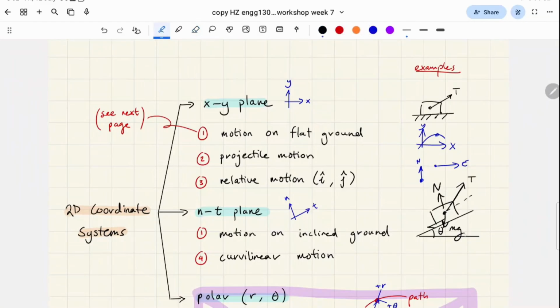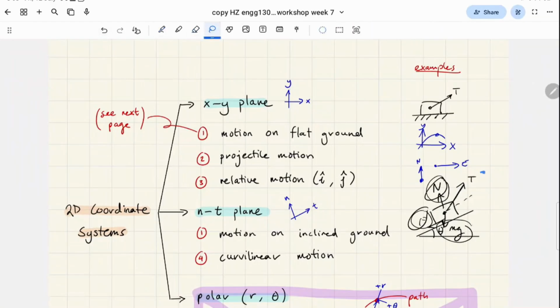So usually you go mg to N to friction, let's just say, right? So it helps with the unknowns, which are generally N and F, to break things up in terms of taking the sum of the forces with respect to the normal and tangential directions.